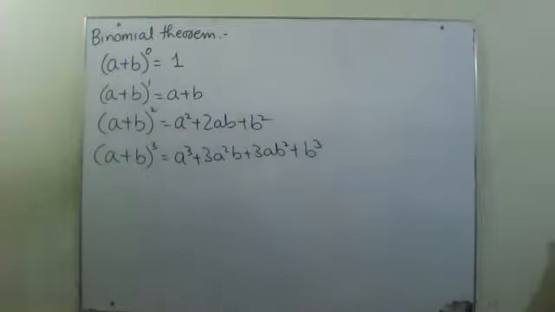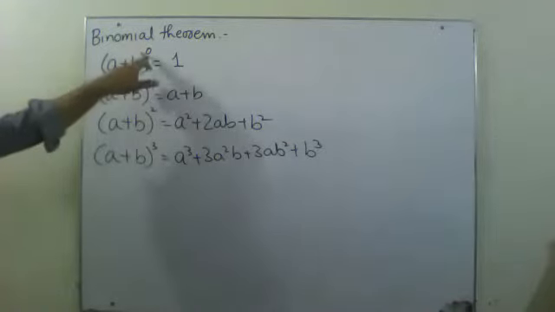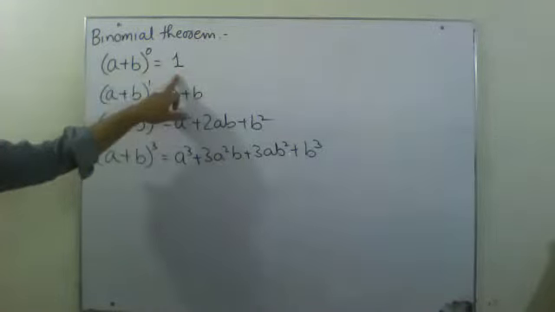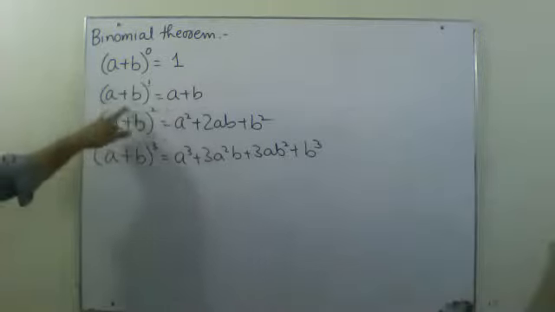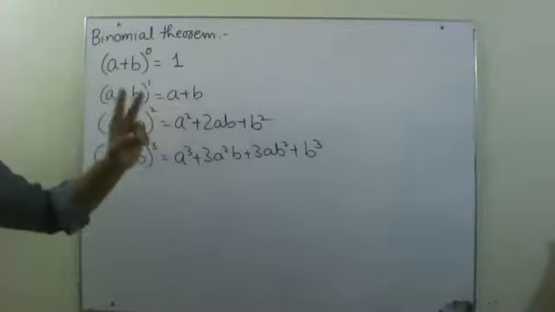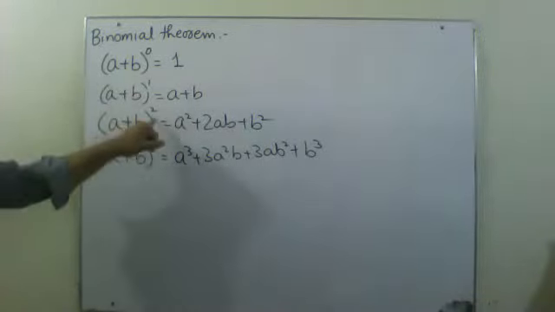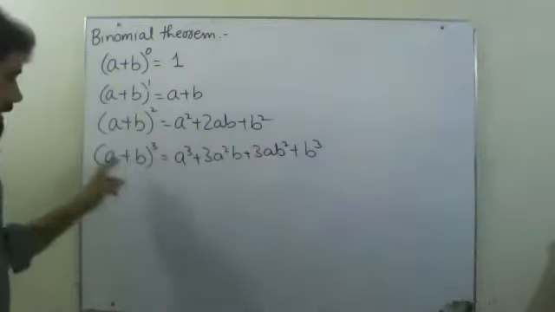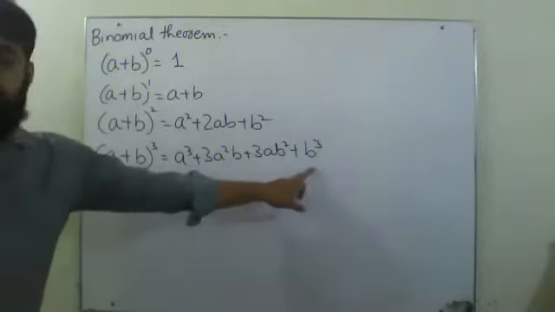Now the first thing you can see over here, power is 0, number of terms is 1. Power is 1, number of terms is 2. Power is 2, number of terms is 3, and power is 3, number of terms is 4.